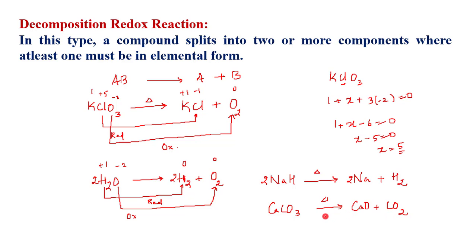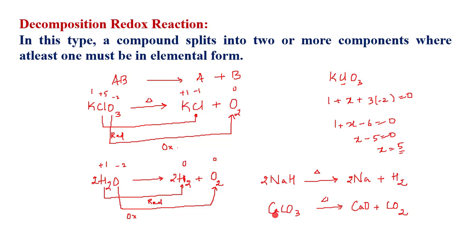But this is not a redox reaction. Why? Because on the LHS and RHS, both reactant and product side, the oxidation number of all species will remain the same. हालांकि ये डिकम्पोजिशन ही है, नो डाउट ये डिकम्पोजिशन रिएक्शन है, लेकिन डिकम्पोजिशन रेडॉक्स रिएक्शन नहीं है. रिमेंबर, इट इज नॉट ए रेडॉक्स रिएक्शन.